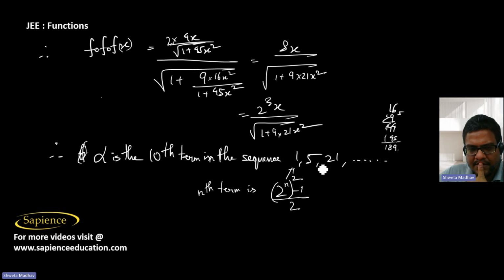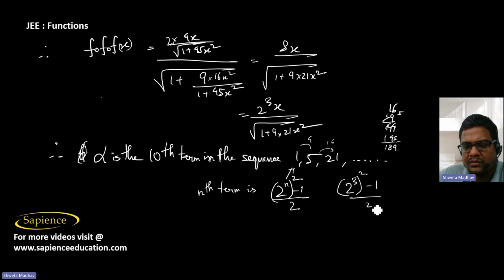That's why you can see that the gap is 4 here, the gap is 16 here. Suppose for example the third term, so this will be 2 power 3 whole square minus 1 by 3. Since this is 8, 8 square is 64, 64 minus 1, that is 63 divided by 3, this will be 21.